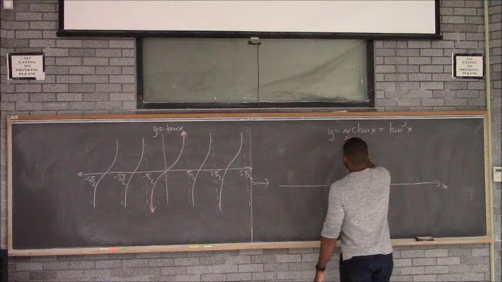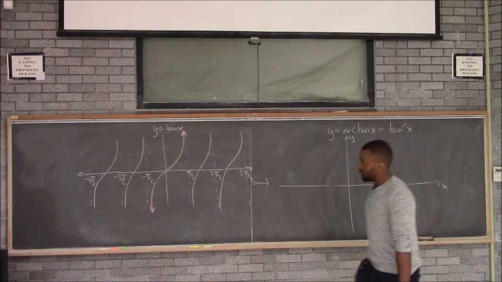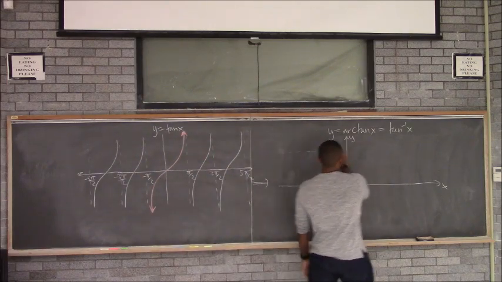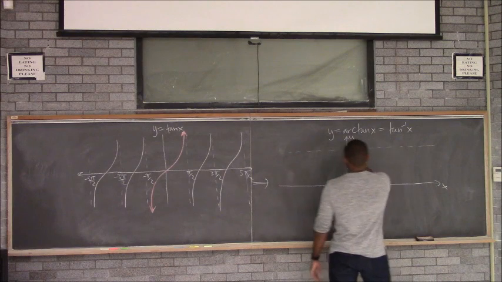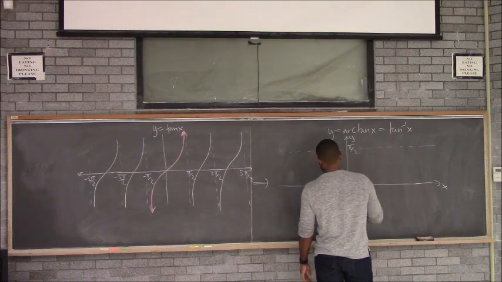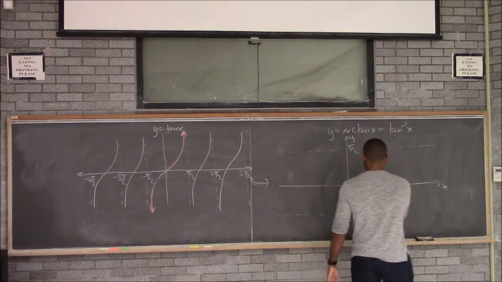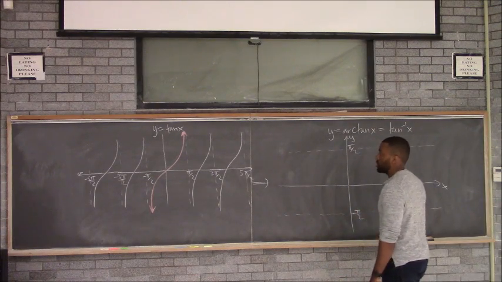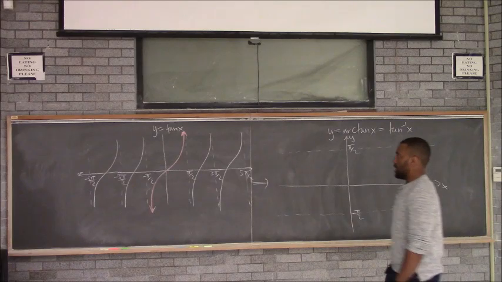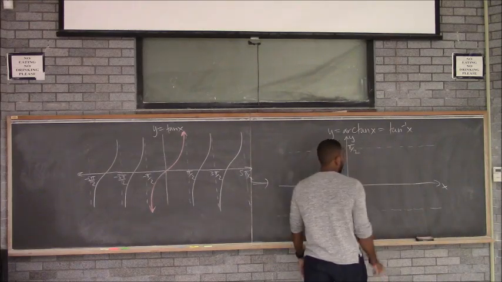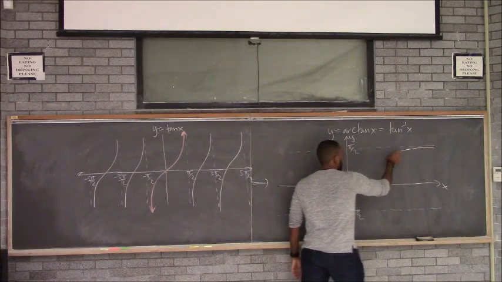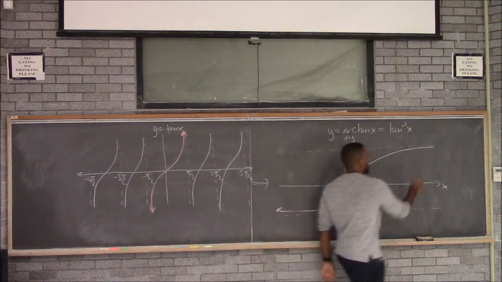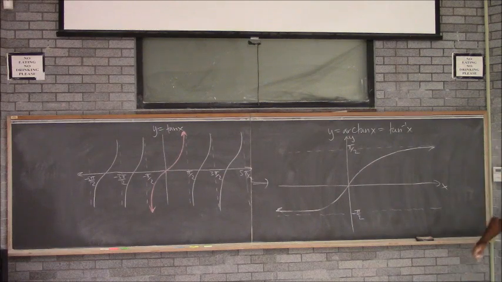Remember, for the inverse, the x and y switch roles. So before, the x's were bound between minus pi over 2 and pi over 2. Now the y's are going to be bound between minus pi over 2 and pi over 2. And if you reflect that, it's going to look like this. That's the graph of the inverse tangent.